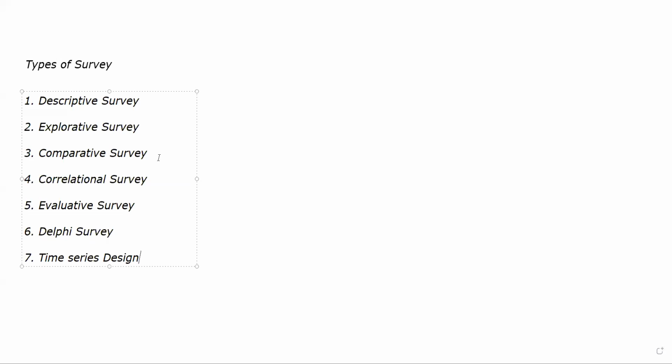Time series design में आप क्या कर रहे हैं? Let's suppose you are trying to find healing, and let's suppose the experiment is how long does it take to heal a comminuted fracture in patients below the age of 20 and above the age of 50, let's suppose, without any comorbidities. Now you are looking at a time series design.